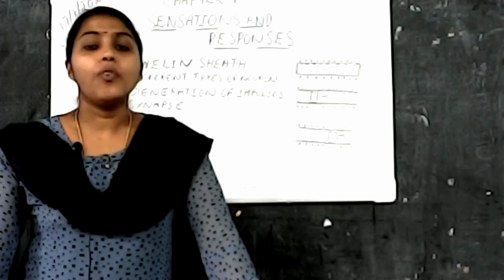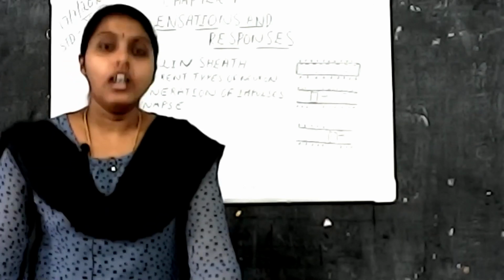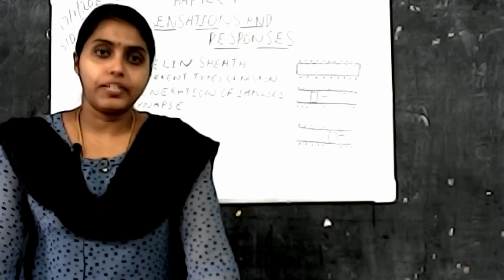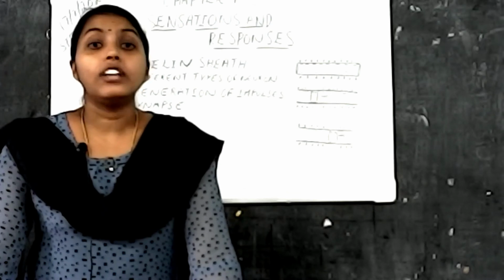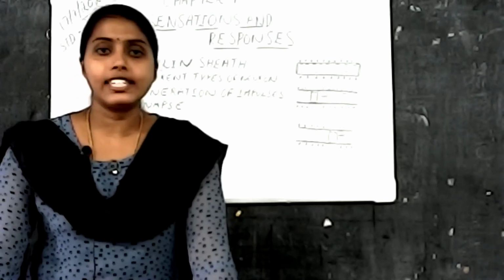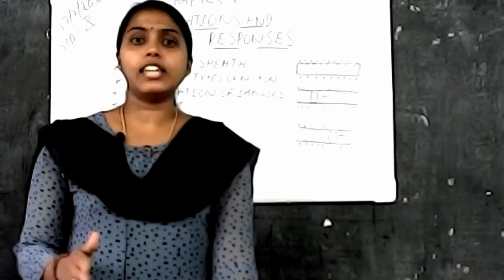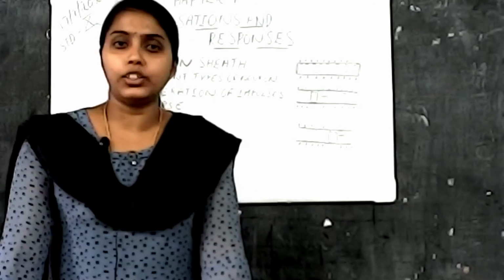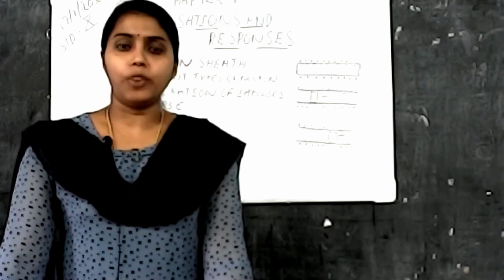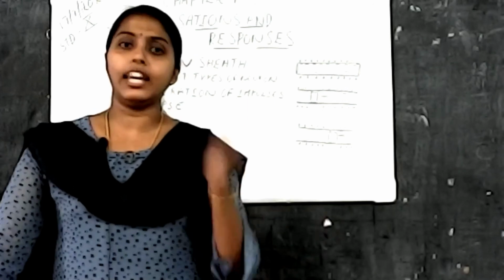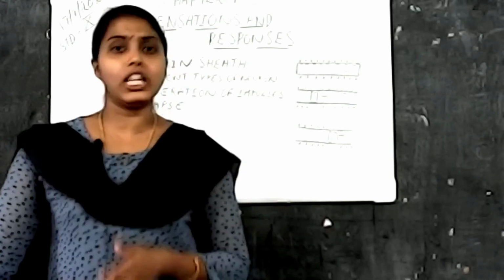Okay, so when the neurotransmitter is produced in the synaptic cleft, it will stimulate the adjacent dendrite. Adjacent means the nearby neuron or the next neuron, the dendrite of the next neuron. And we have already told that then again an impulse will be formed and it will be transmitted.